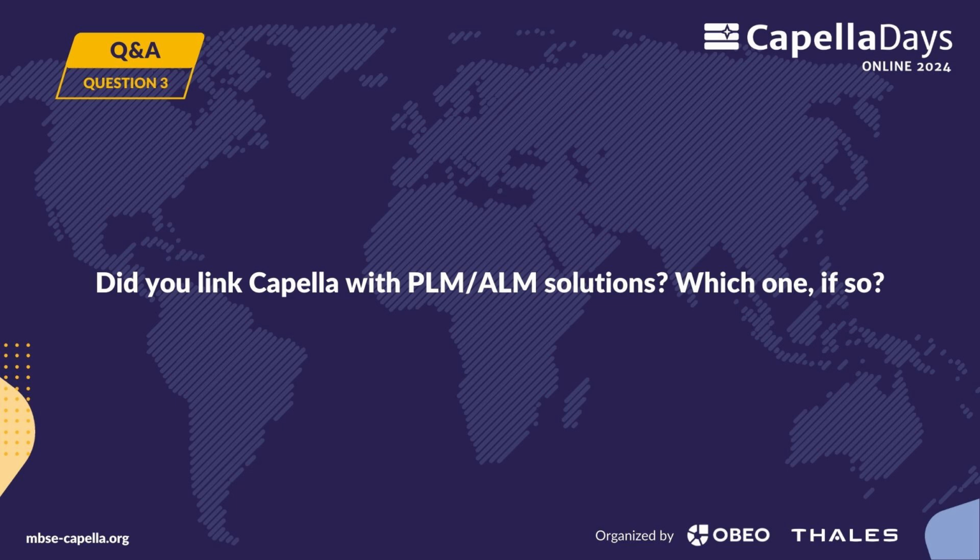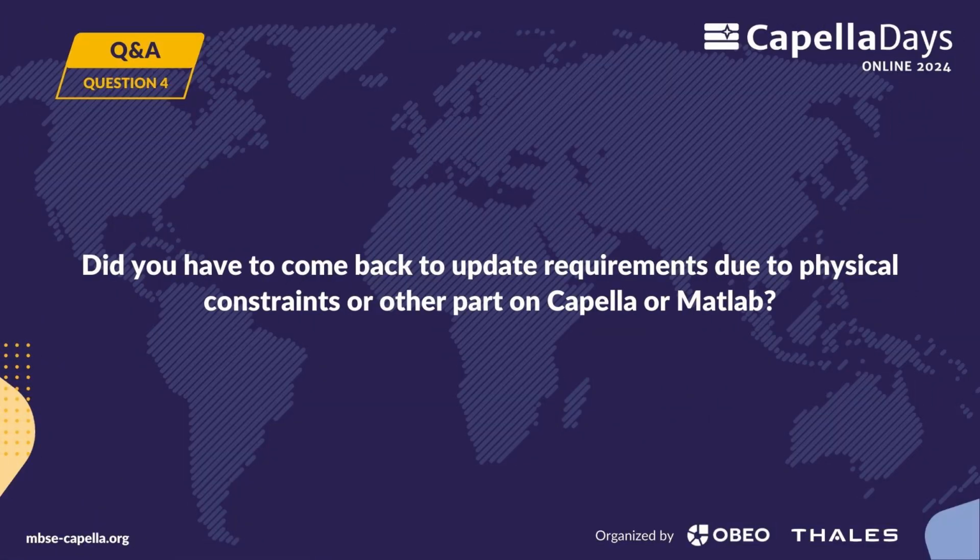Right. And next question. Do you have to come back to update requirements due to physical constraints or other parts on Capella or MATLAB? Up until now, we are updating the requirements in Trace Cloud, mostly because of practicality. We started chronologically implementing from the requirements, then we got into functions.